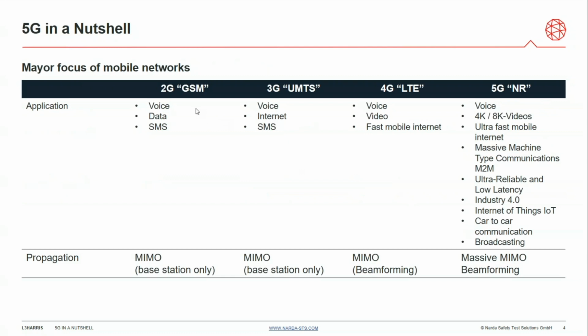So the application is getting broader and broader. We started with voice, data, SMS in the 2G case. The UMTS already offered access to the internet. With the 4G, we came into what is called fast mobile internet.